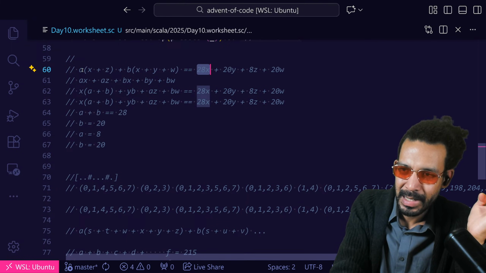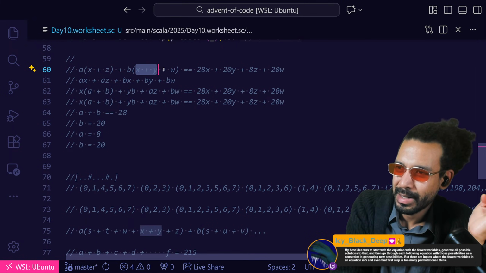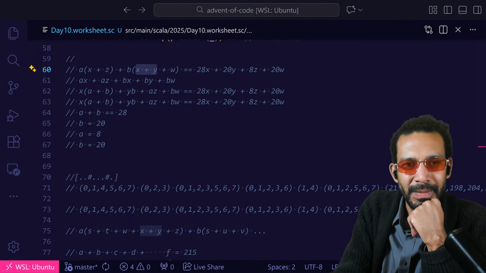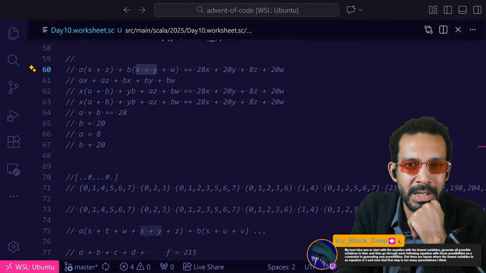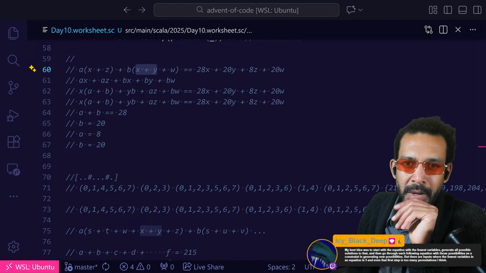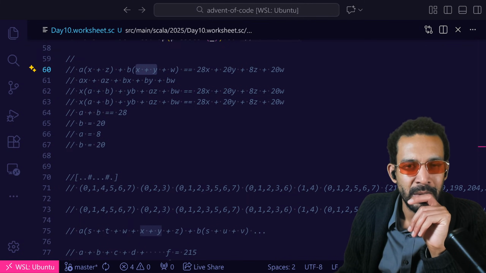Like there's this way of expressing it where these are the coefficients, but maybe actually these are, I'm not sure. Your best idea is to start with the equation with the fewest variables, generate all possible solutions to that, and then go through each following equation with those possibilities as constraints. Yeah, so just do kind of a smart search through it.